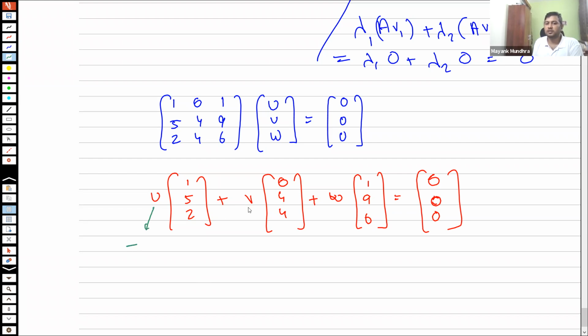Now you can take u as +1, v as +1, and w as -1. So u, v, w equals 1, 1, -1 is going to solve this system of equations. So 1, 1, -1 belongs to the null space of A.